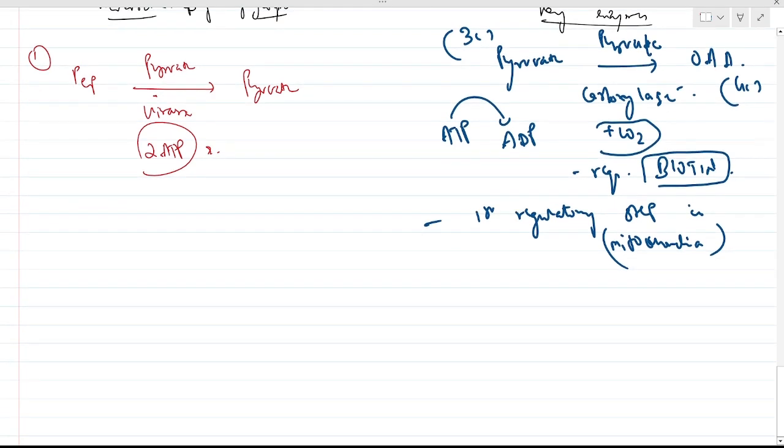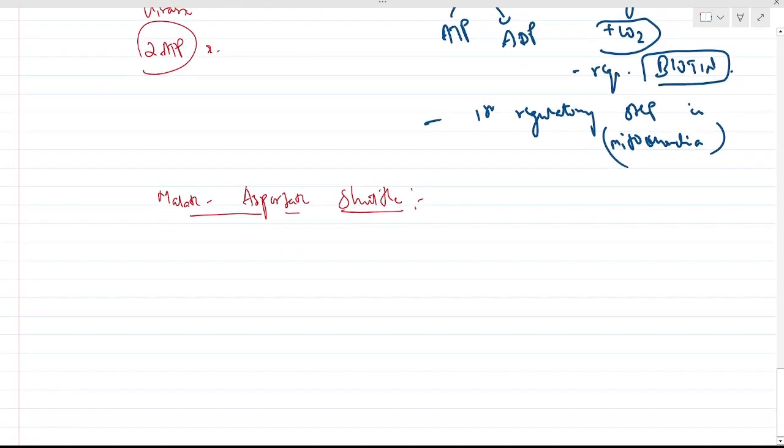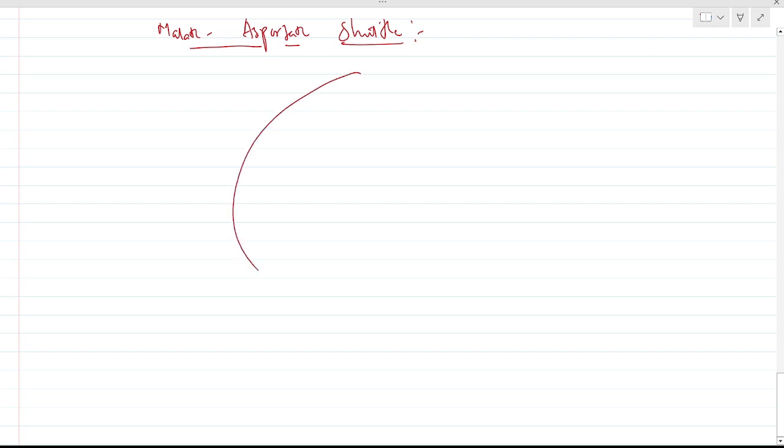Now we have found oxaloacetate. Now a sub-part we are going to discuss here is the malate aspartate shuttle. The major process of gluconeogenesis takes place in the cytoplasm, but this formation of oxaloacetate from pyruvate takes place in the mitochondria. So we'll draw this mitochondria. Okay, this is the mitochondria.